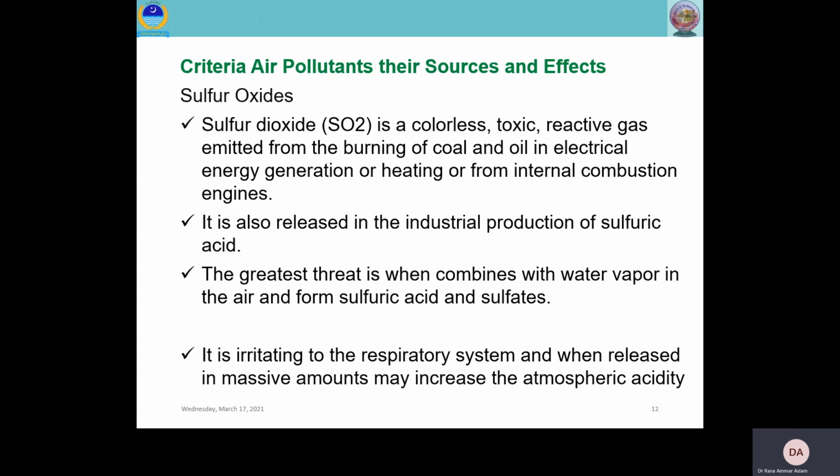But it gets even more harmful when it comes in contact with water vapors, because the combination of water vapor and sulfur dioxide forms sulfuric acid and other sulfates, right?